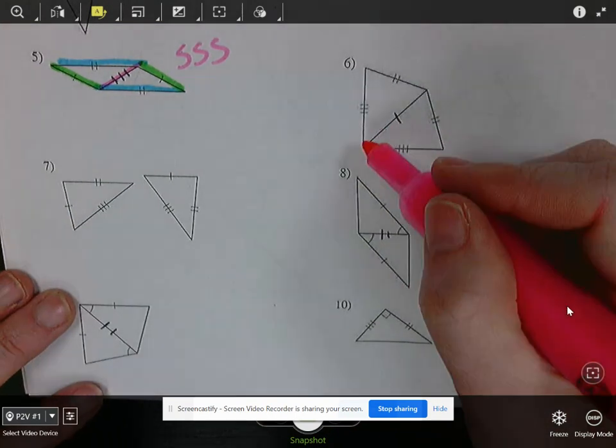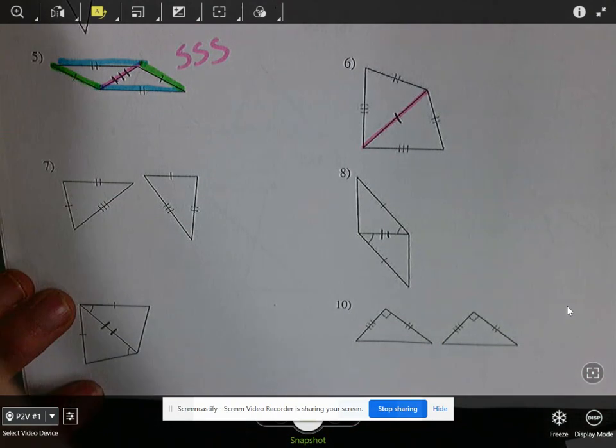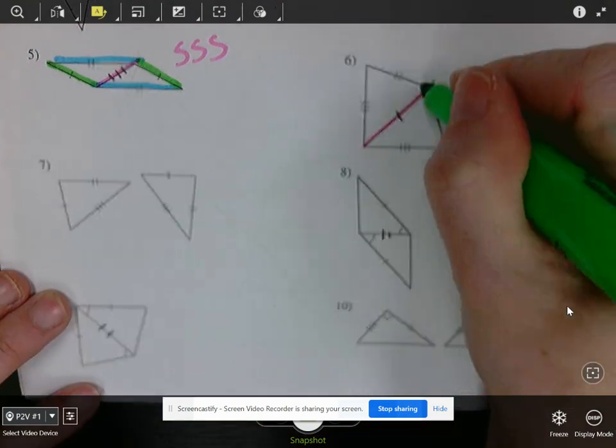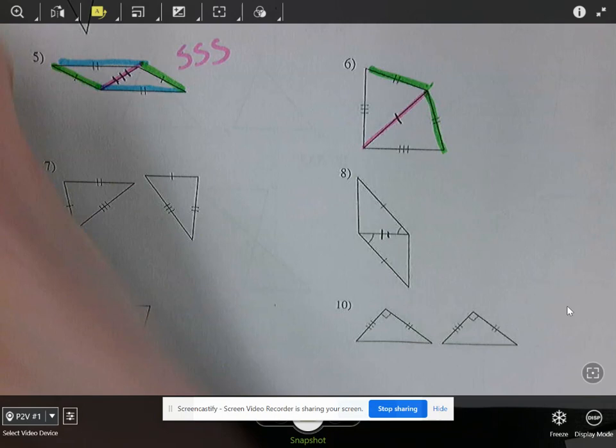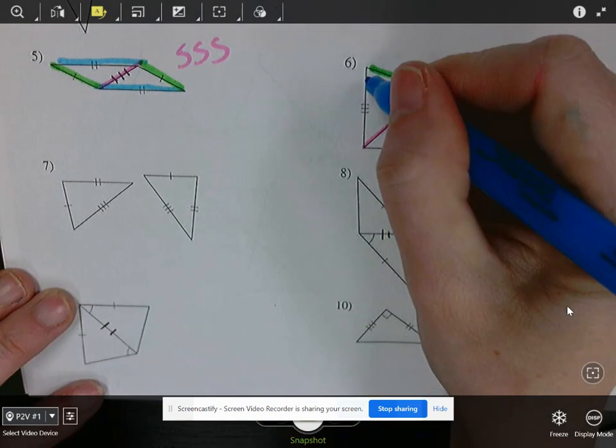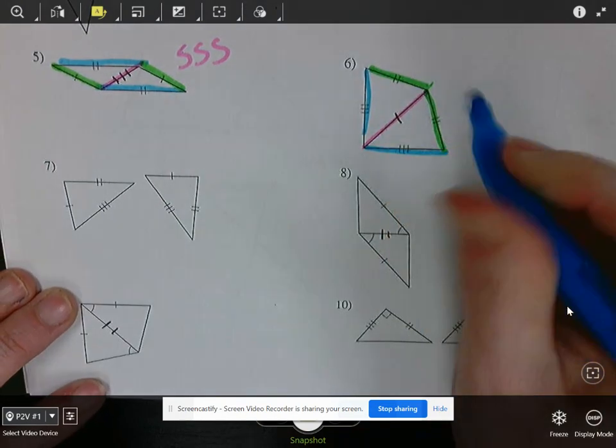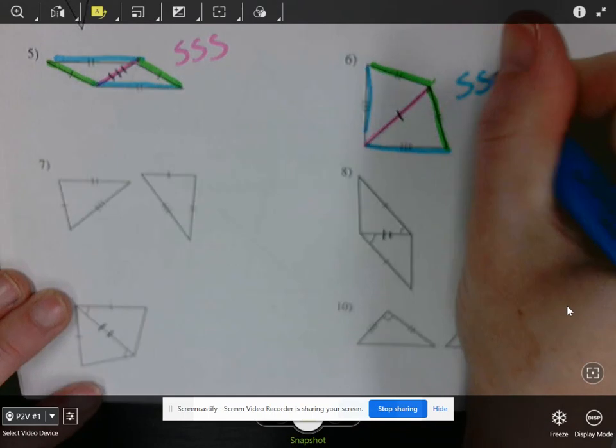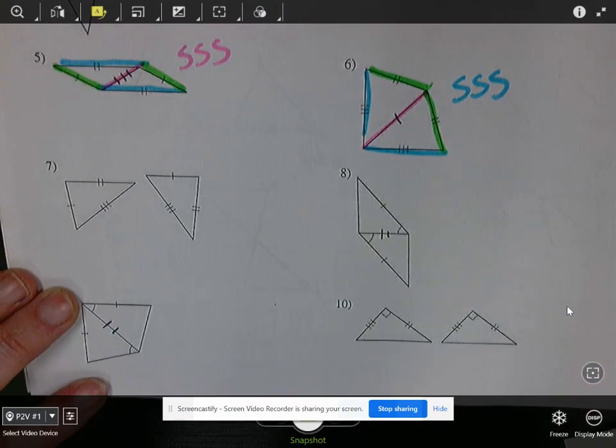Okay, number 6. This set of sides has been marked congruent. These have been marked congruent. And these have been marked congruent. So all 3 sets of sides have been marked congruent, so I can use side, side, side.